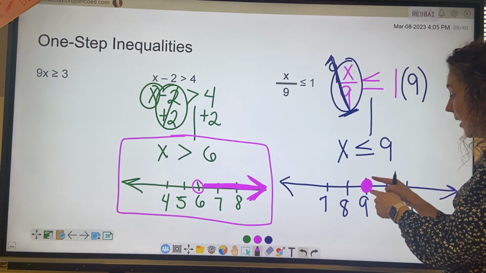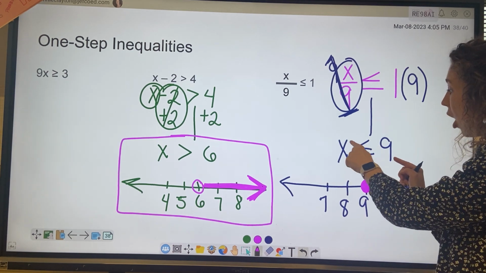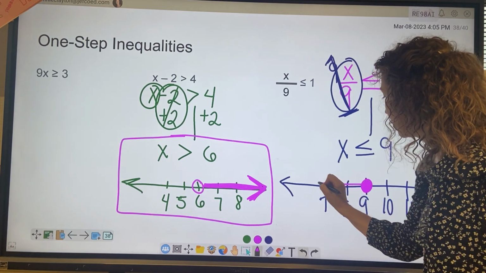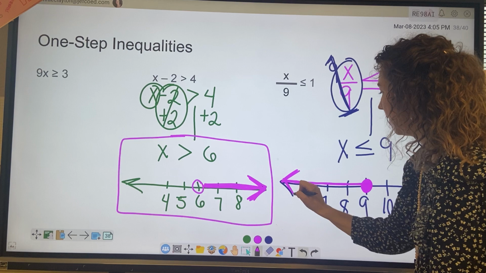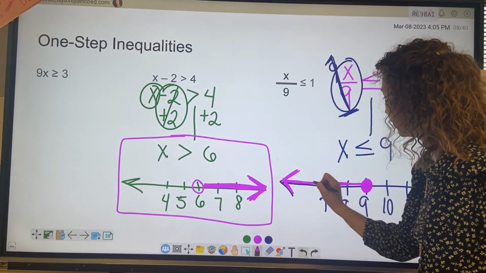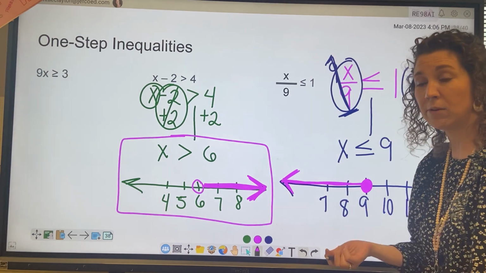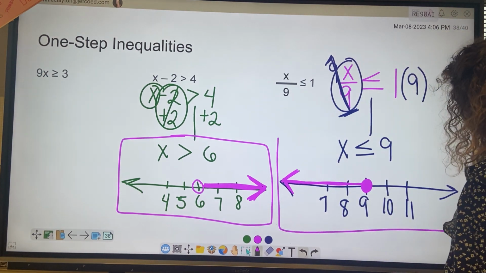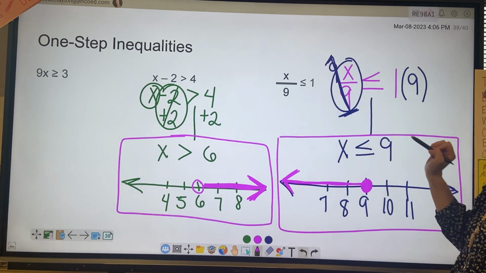So we shade it in because it can be 9. But it can also be all the numbers less than 9. So we're going to shade in all the numbers to the left that are less than 9. So it can be 8, 7, 6, 5, 4, can be 0. And this is your answer. The number line and the X is less than or equal to 9.